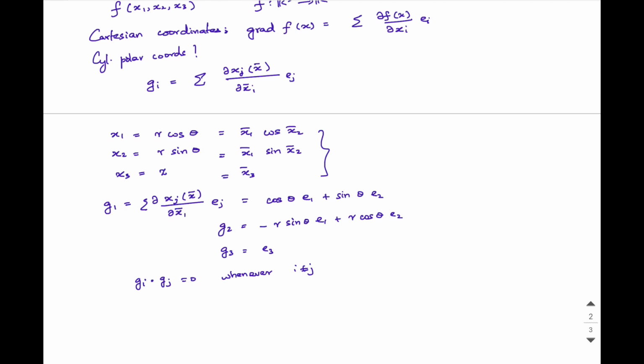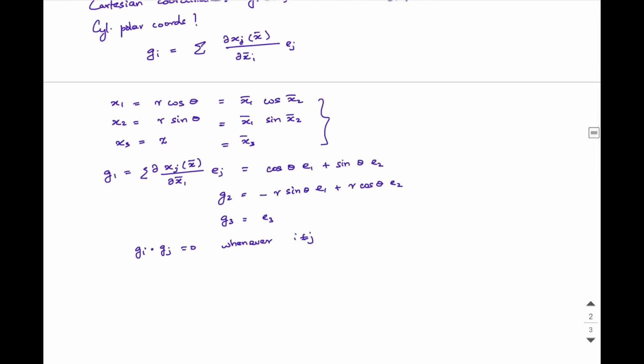That's not true in the general case; in the general case they may not be orthogonal, but in this case they are. In fact, this is true even for the other popular coordinate system, the spherical coordinates. I'm just giving the derivation in cylindrical polar coordinates because it's much easier mathematically. The calculation is a little more involved in the context of spherical coordinates.